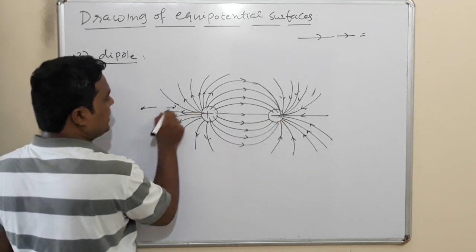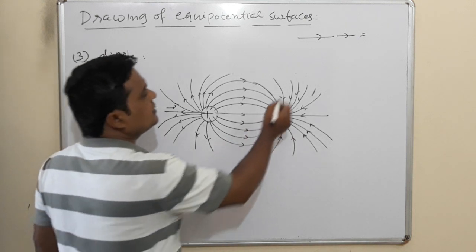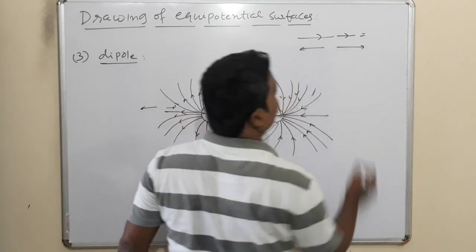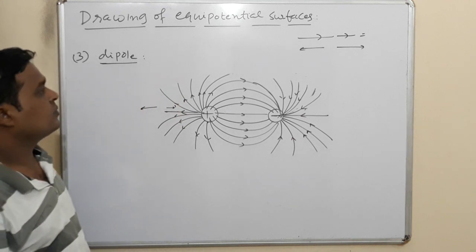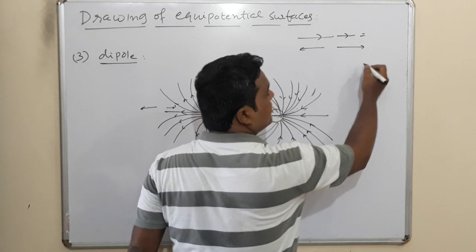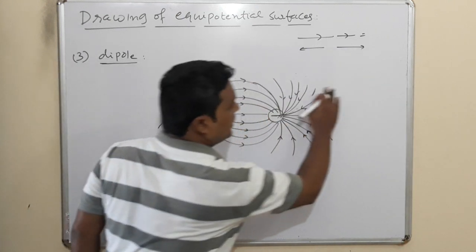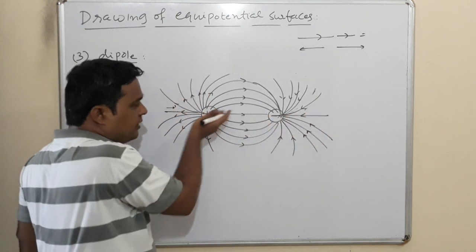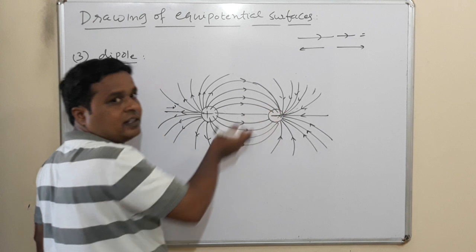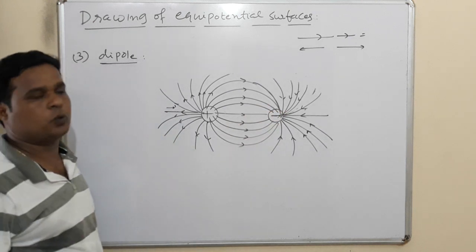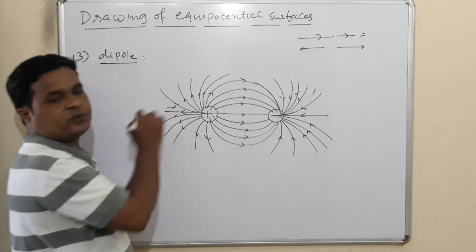That means in this region, outside the two charges, fields will be opposite in direction. If the fields are in the opposite direction, then the net field will be less. That means this side and this side the field is weaker. And in this region, since the two fields are in the same direction, the net field will be more. That means it is a strong field region and it is a weak field region.